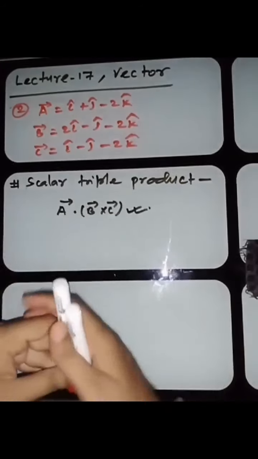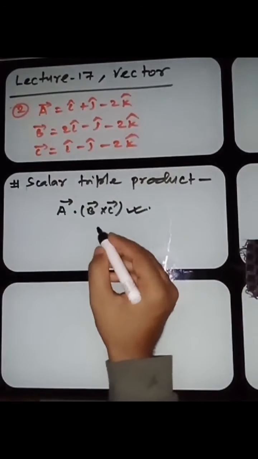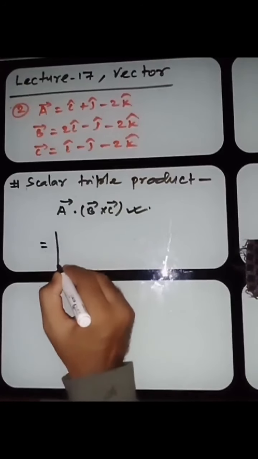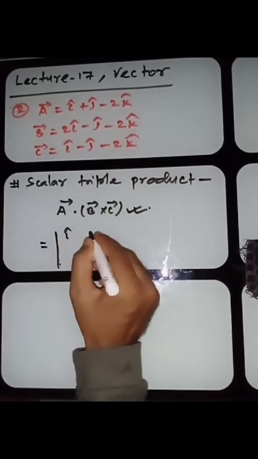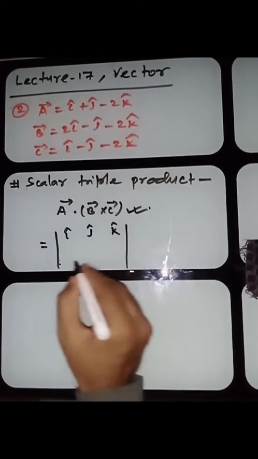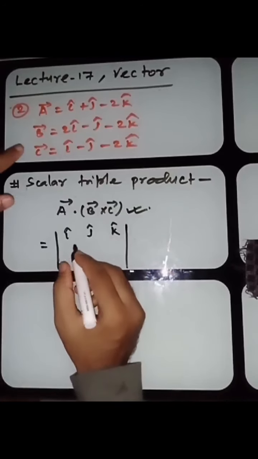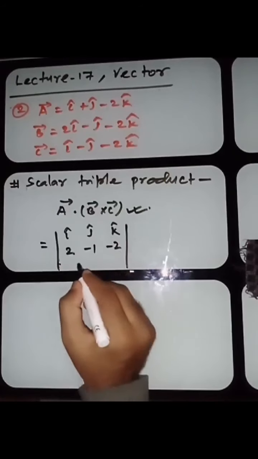And how will we find the cross product of B cross C? We put the coefficients here for B, with i, j, and k. B is 2, minus 1, minus 2.